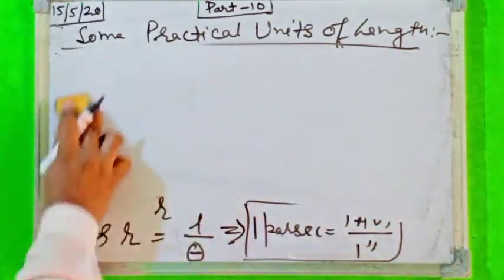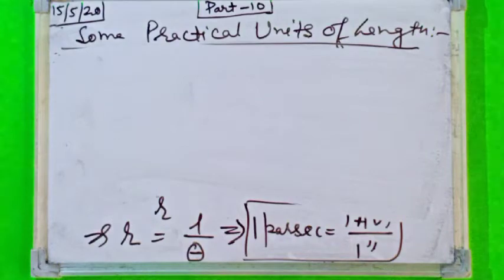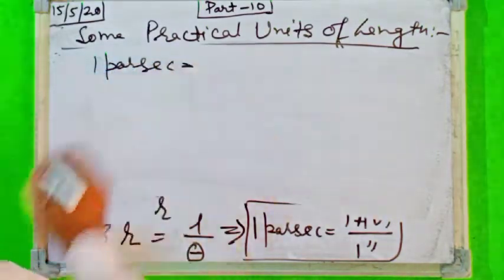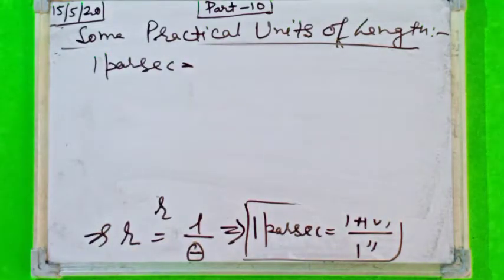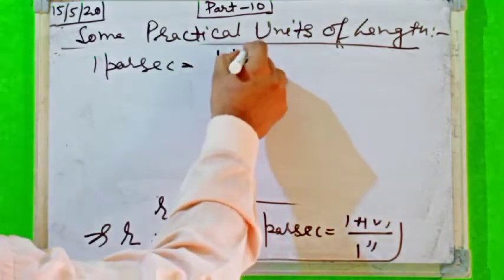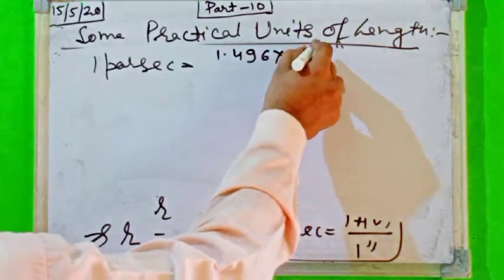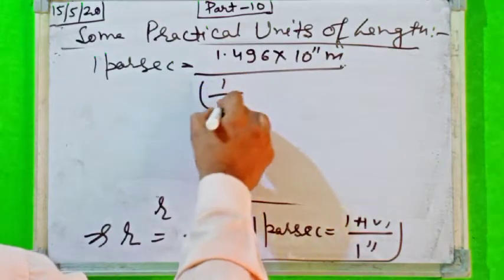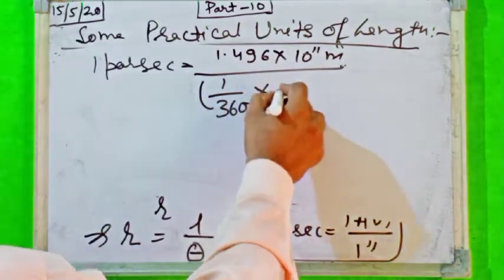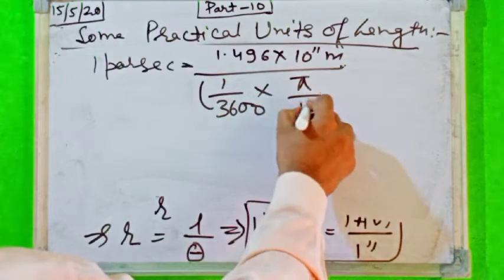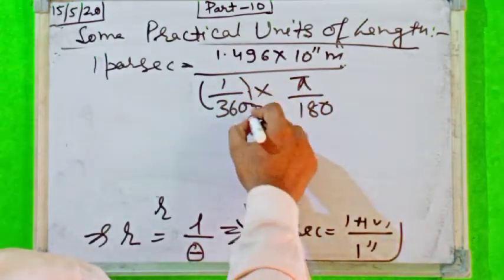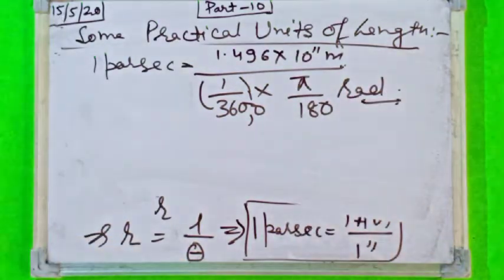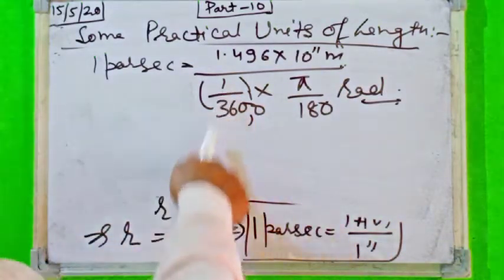What will be this value? So 1 parsec is equal to 1 astronomical unit, that is 1.496 into 10 to the power 11 meter, upon 3600 into pi upon 180 radian.